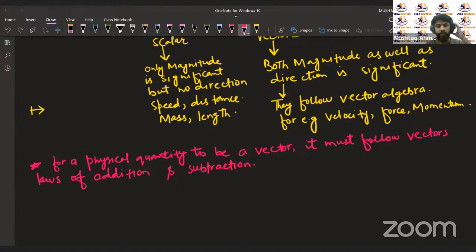If any physical quantity fails to follow them, we can clearly say that it is not a vector, even if it has a direction.